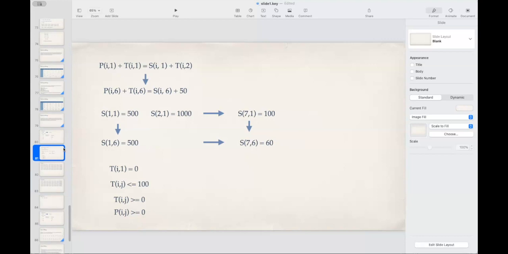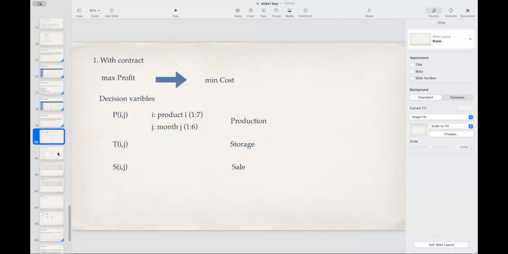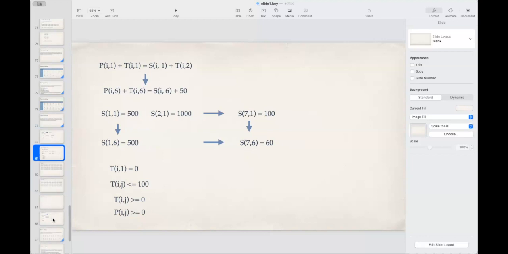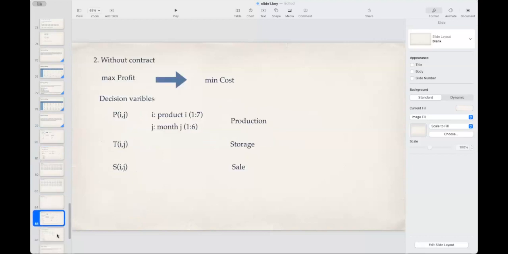And we need Sij must be positive or zero. I copy this to that one and then I change everything. Yes, so this is without contract.